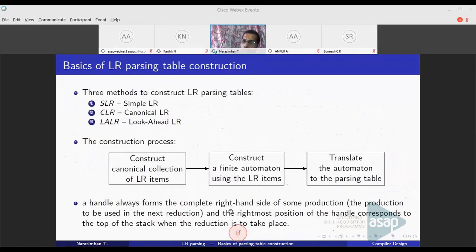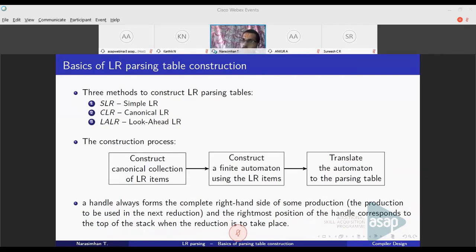So instead of knowing whether the handle is at the top of the stack, what you can equivalently do is check the positions in the right hand side of the production. Remember that a handle is nothing but the right hand side of some production, which will be reduced to the corresponding left hand side. The handle should match the right hand side of some production. That is what we saw in the last class.